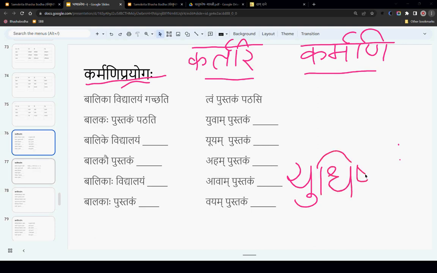I hope everybody knows who is Yudhishthira. Pandava, eldest brother, the first one, Dharmaraja. One name is Yudhishthira. So here Yudhi is Saptami Vibhakti, and then Sthira, Yudhi plus Sthira together.